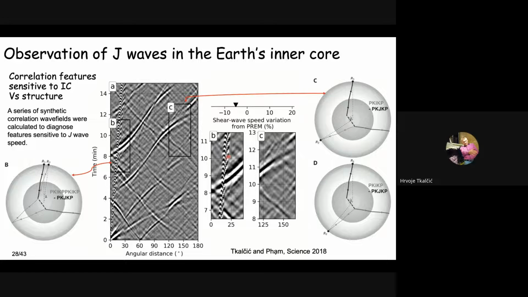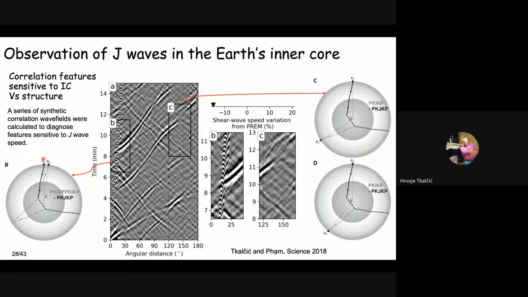So to make a long story short, we identify this cusp of energy here due to the similarity of PKIKP, PKIKP, and PKJKP waves, right? So you have, if this is your source, then you will have PKIKP, PKIKP on one receiver and PKJKP on the other.